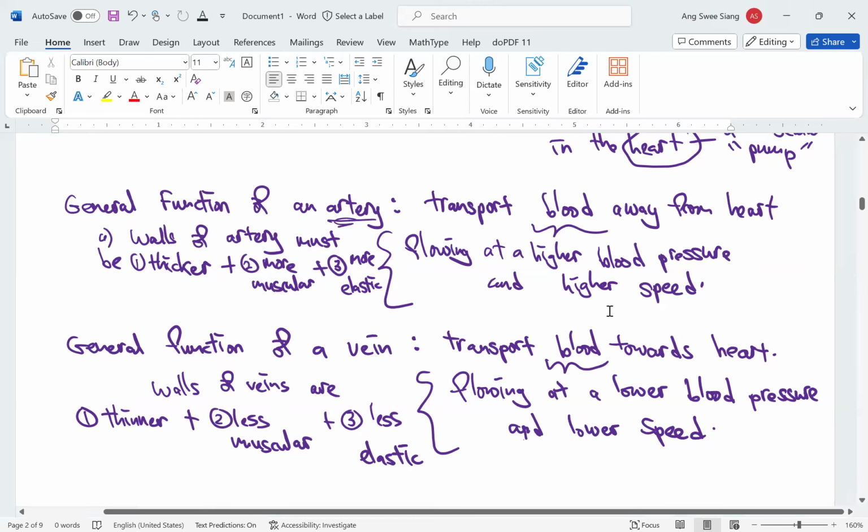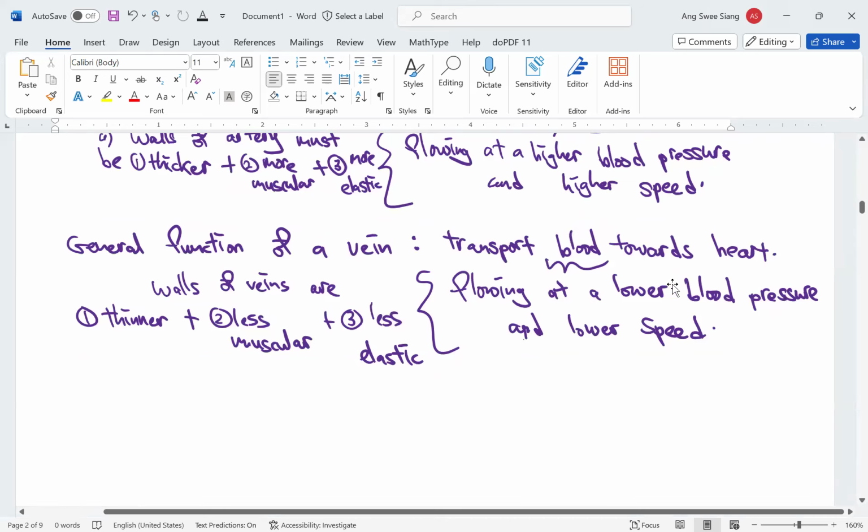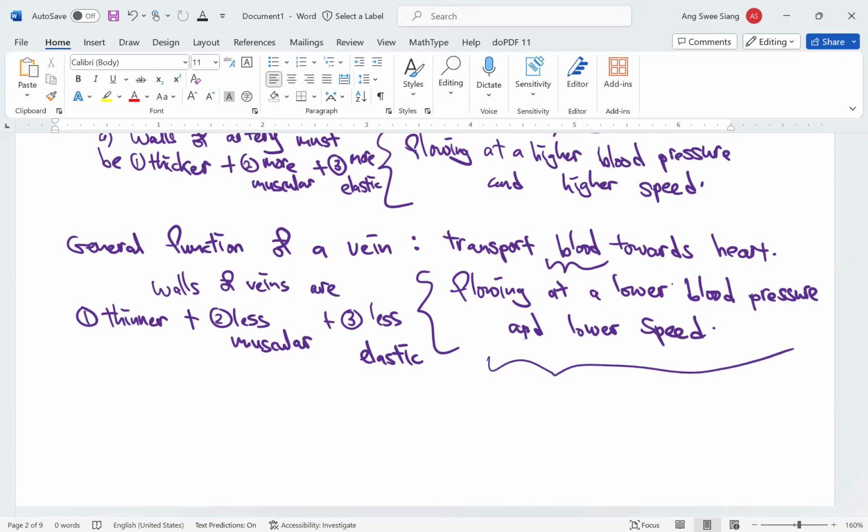So usually the veins prevent the backflow of blood.